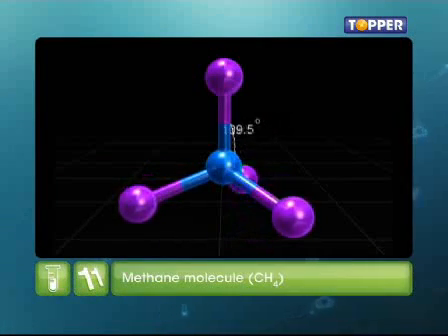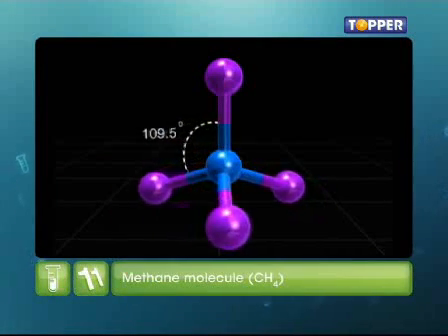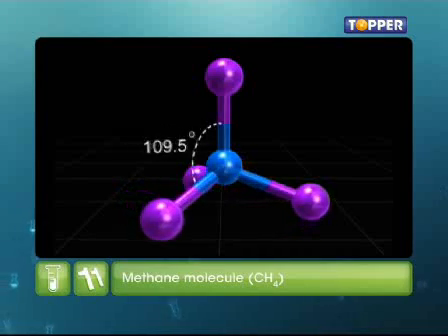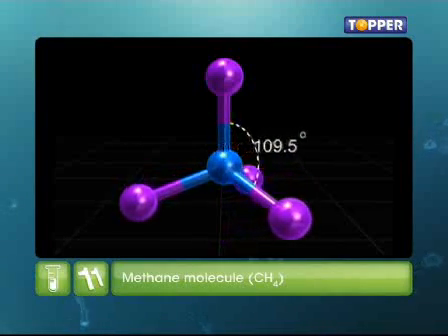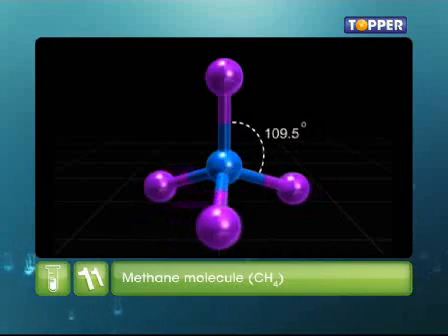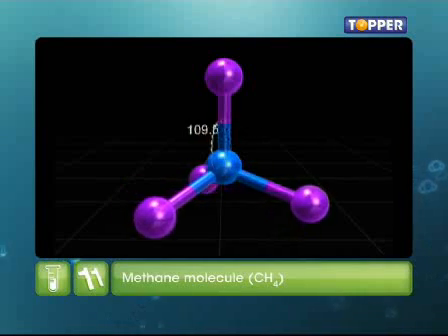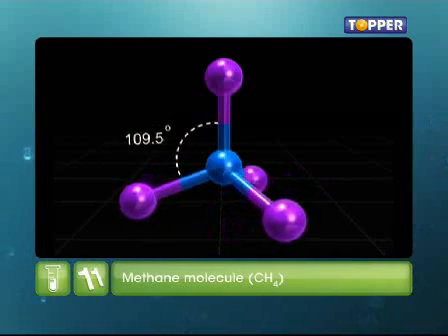What shape does it have? Can you guess? It has a tetrahedral geometry and structure. Notice the molecular geometry and shape remain the same here because there are no lone pairs of electrons.